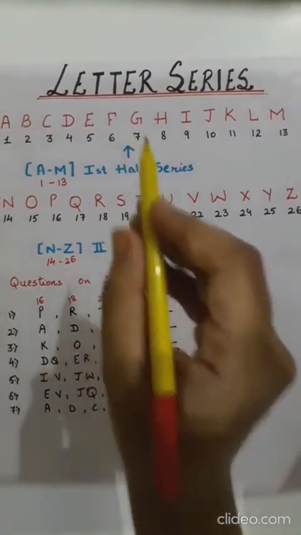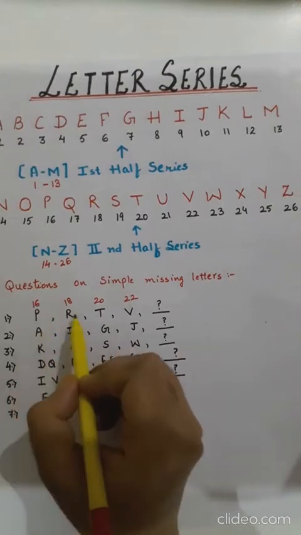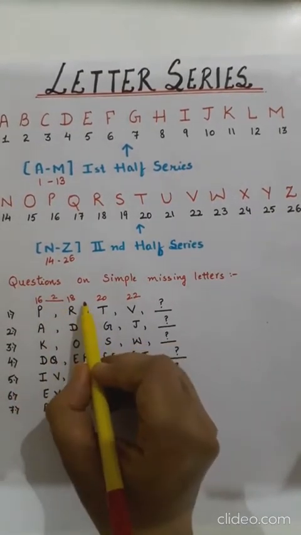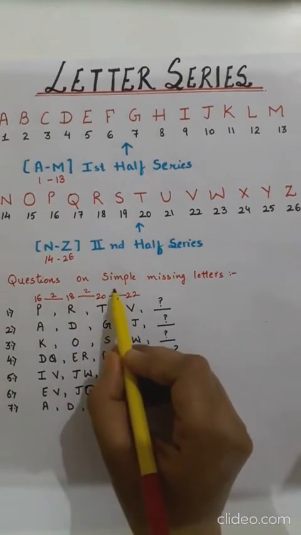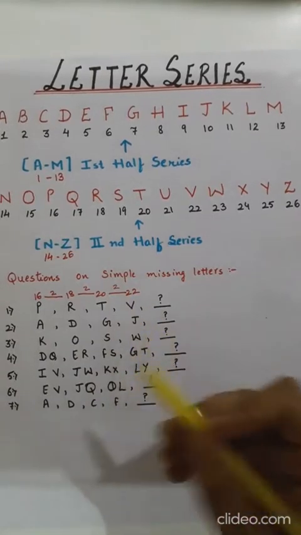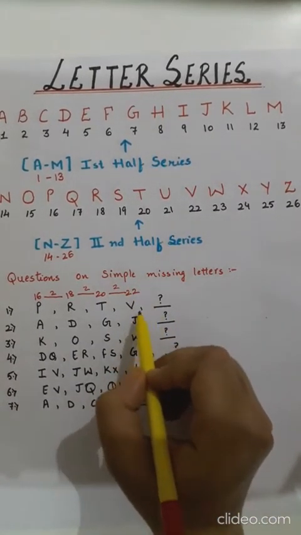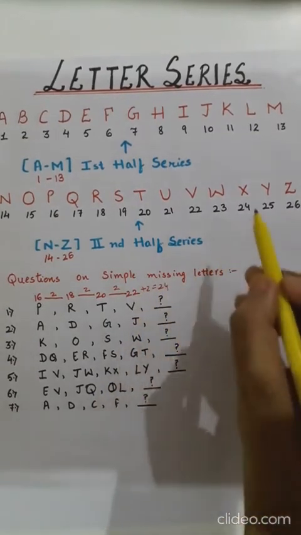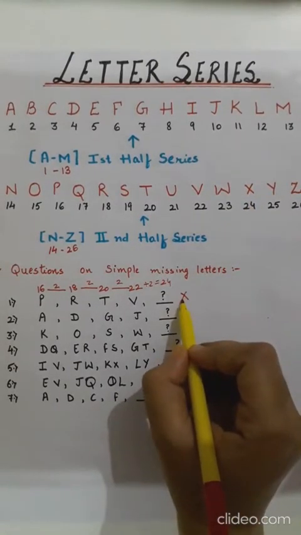The difference between P and R is 2, between R and T again 2, and T and V again 2. To find the next place value, we add 2 to the place value of V, that is 22 plus 2, 24, and on 24 comes X.